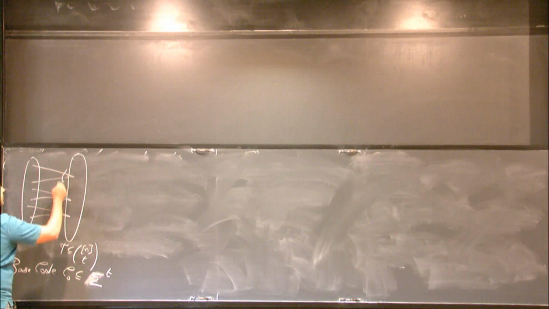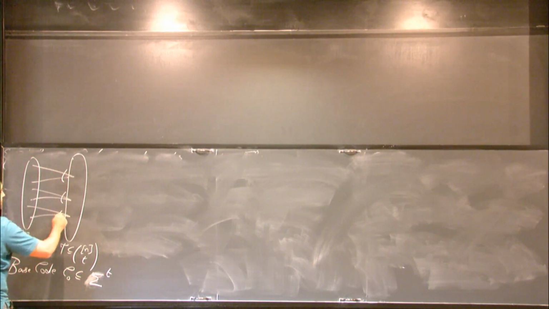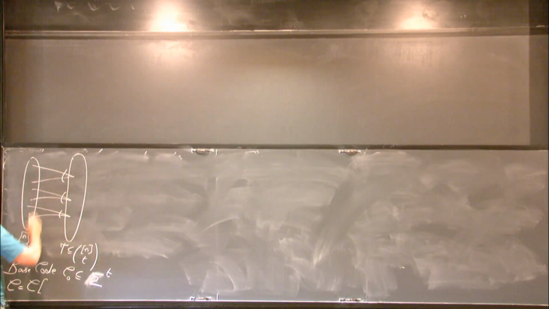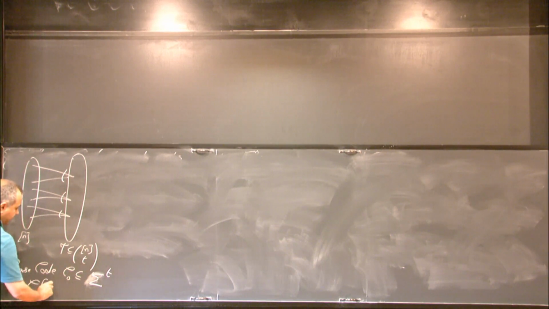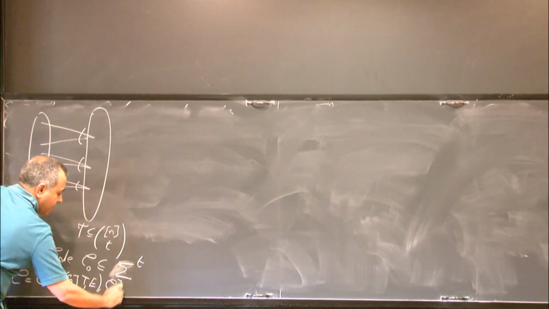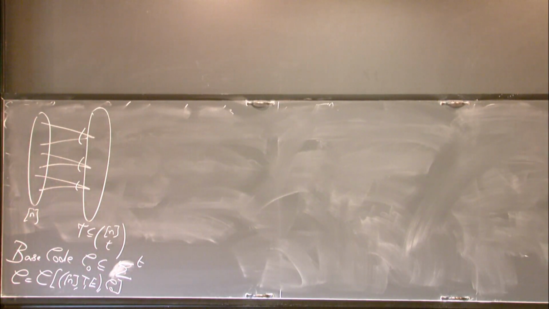So there's a base code sitting over here in each of these. The final code I want to care about is going to be the lifted code, the code defined by this graph in T and C naught. I'm going to ask, is this code testable?